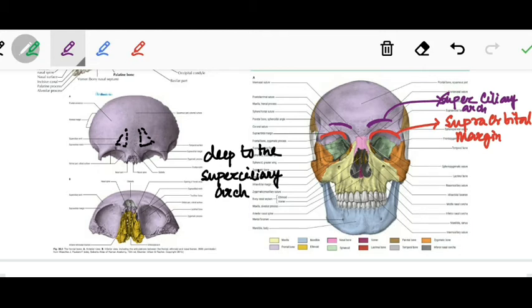The frontal air sinuses lie deep to the superciliary arch. That means the superciliary arch is a surface landmark and the frontal air sinuses lie deep to it.